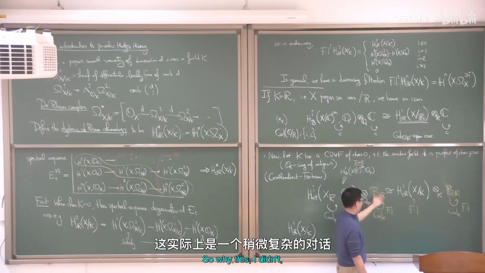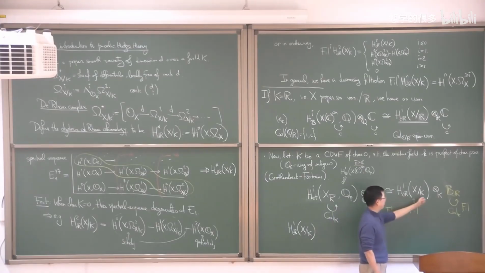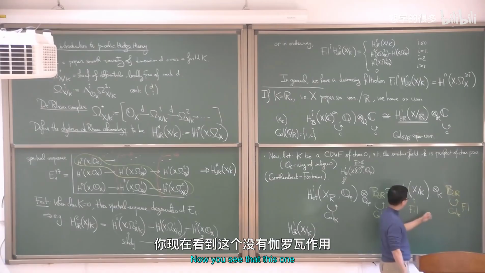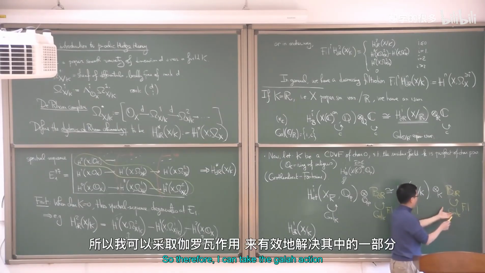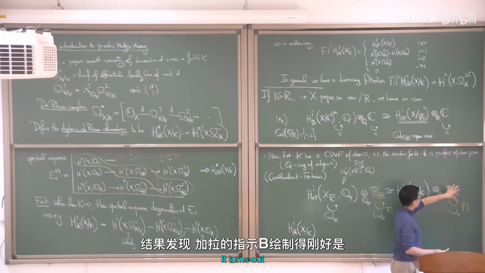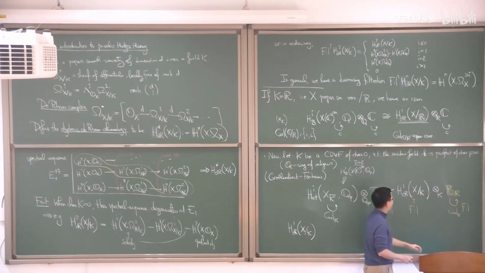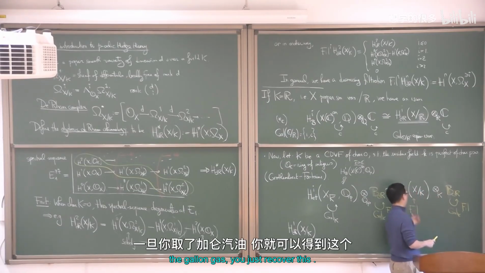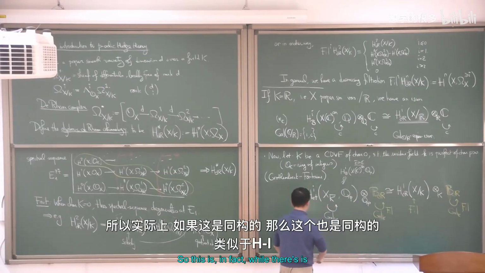So why this comparison theorem? I get to the right-hand side. Now you see that this one doesn't have the Galois action. So I can take the Galois action and kill some part of this. It turns out that the Galois invariants of B_dR are precisely K. Once you take the Galois invariants, you just recover the de Rham cohomology. So this isomorphism gives precisely H^i_dR.